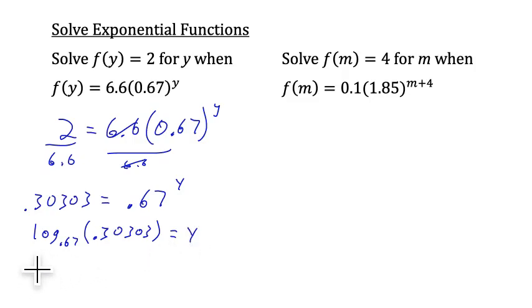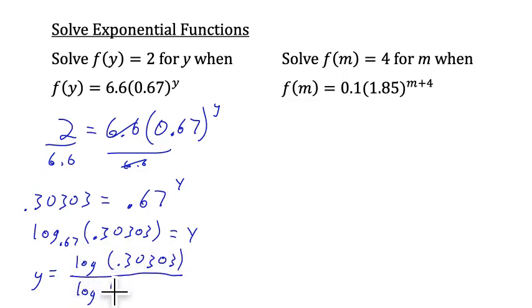All right, so y equals, I'm going to switch sides here. So the change of base rule says that log base 10 of 0.30303 divided by log base 10 of 0.67 will tell us what y equals.